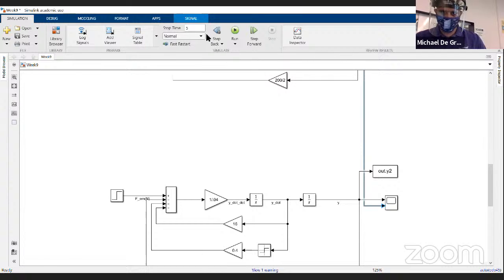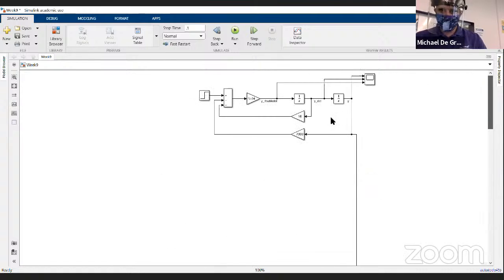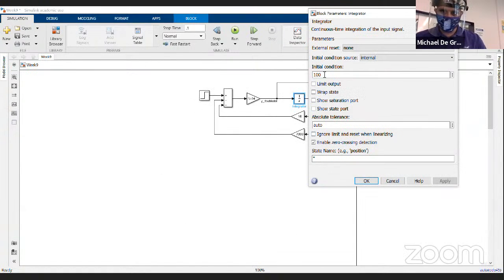And I'm going to turn my time back to 0.1 seconds. And I'm going to run this. I forgot that I set initial conditions on this one.